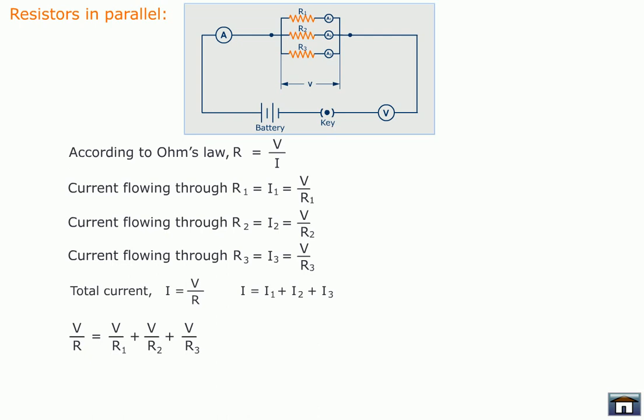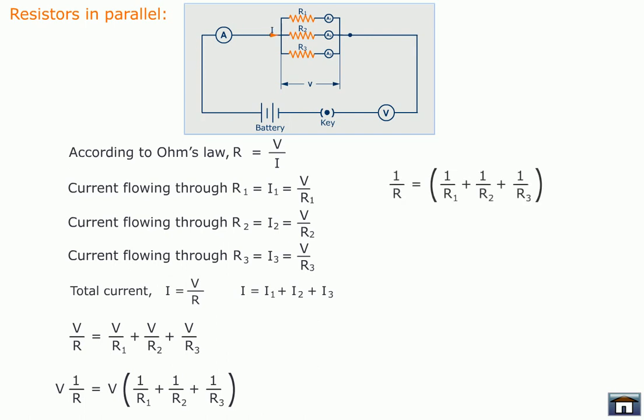We can cancel V throughout the equation. Then we get 1 by R equal to 1 by R1 plus 1 by R2 plus 1 by R3.